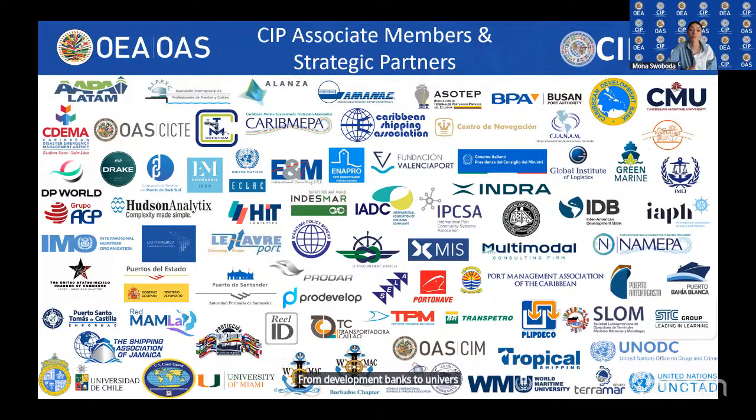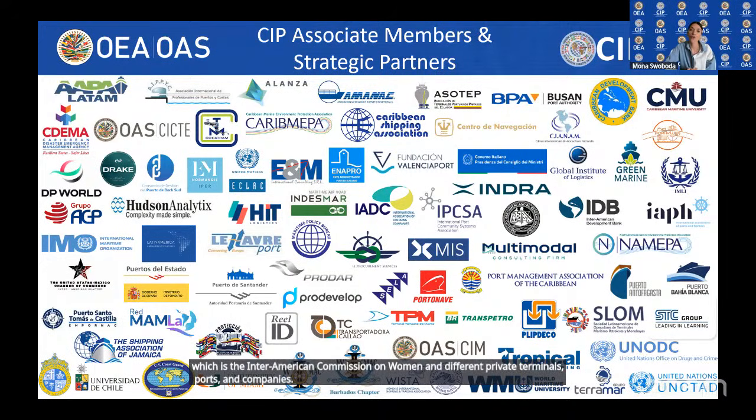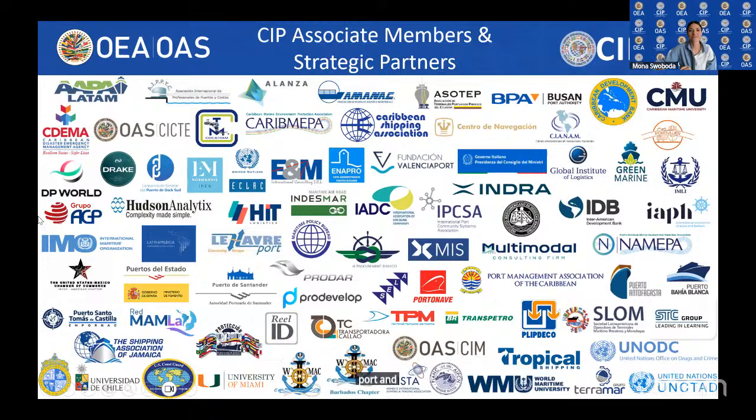We work closely with the Caribbean Maritime University, the World Maritime University, and then we also work with international partners such as the International Port Security Program of the Coast Guard, SEDIMA, of course, other OAS entities like OAS-SICTE and OAS-SIM, which is the Inter-American Commission on Women, and different private terminals, ports, and companies. And combined with our 34 national port authorities, we have a membership that is over 100 members strong. So we're quite the diverse port and maritime community.